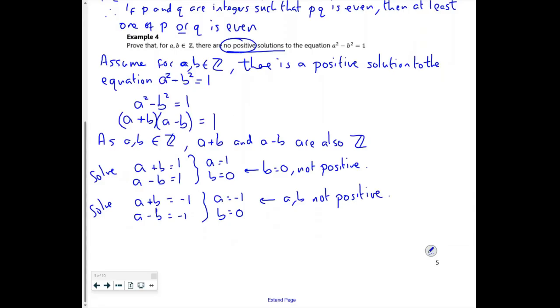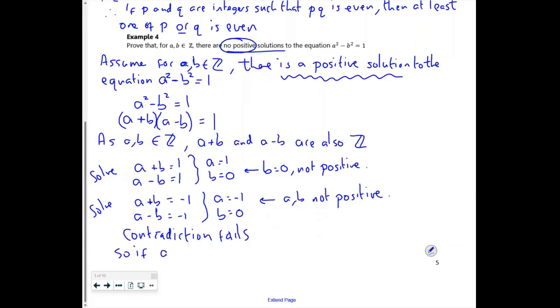So my contradiction said that there was a positive solution. But if you look, my answers say different. So my contradiction fails. I don't like this question, but never mind. My contradiction fails.